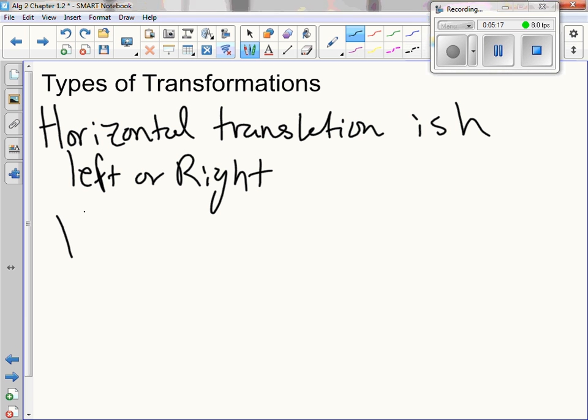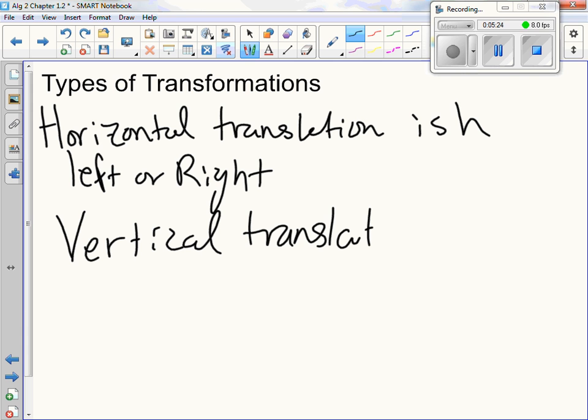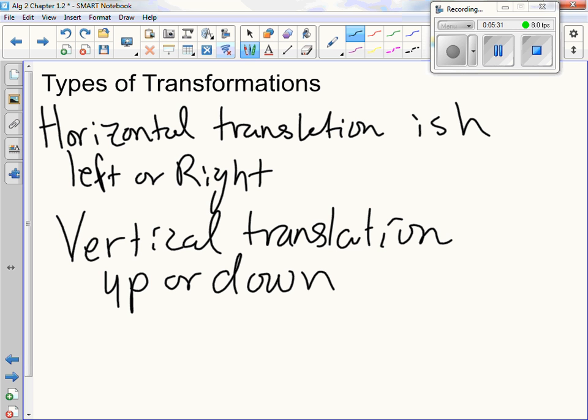Our other one we had was vertical translations. Vertical is moving it up or down, and that value is k.